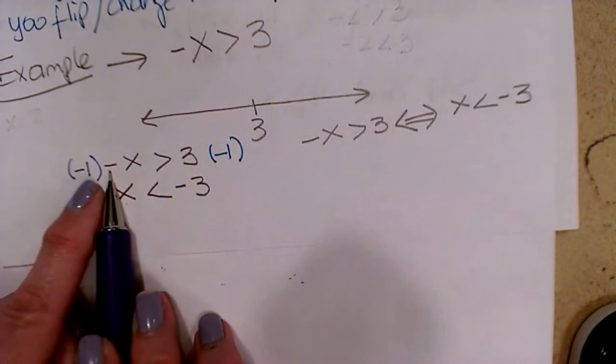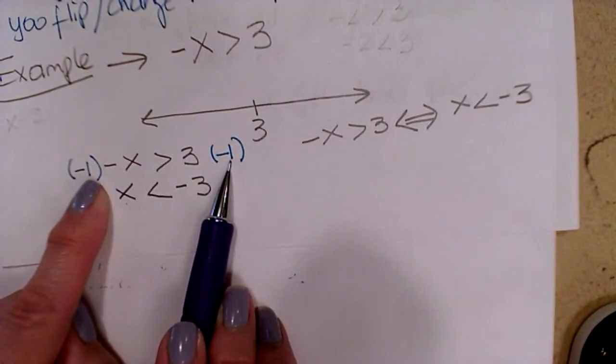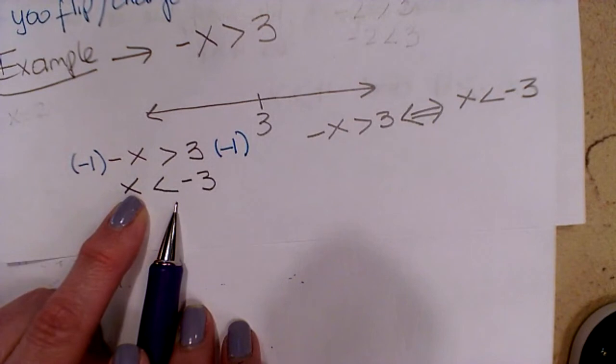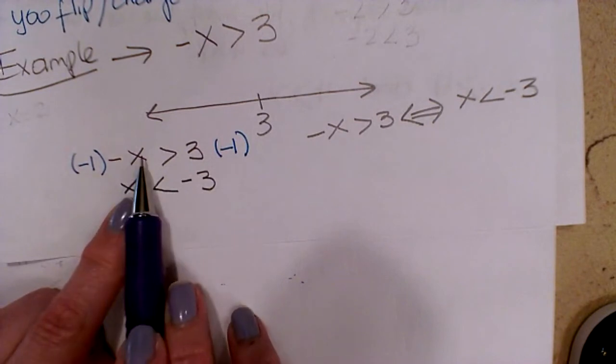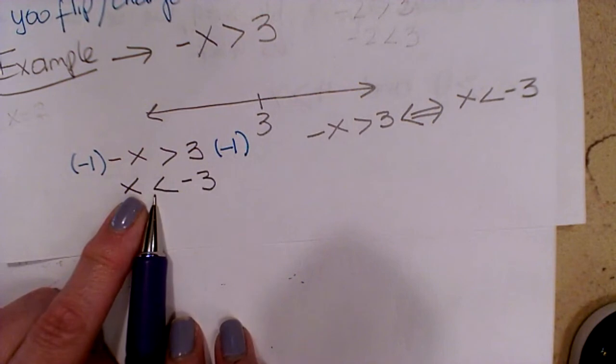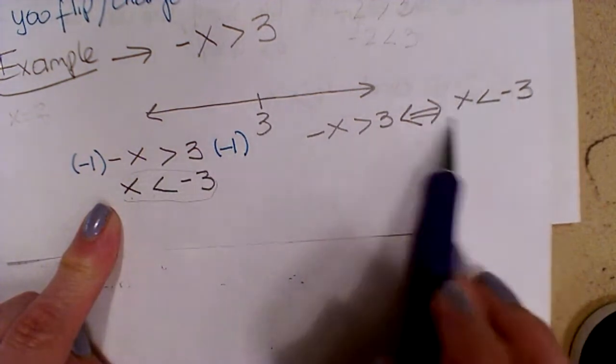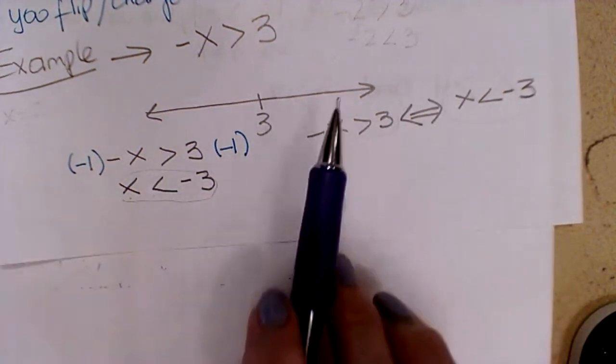Because when I multiply or divide by a negative number, we flip the inequality symbol. We have to do it in order to make this true. When we multiplied, I flip the symbol. So then this is the same as this. Okay?